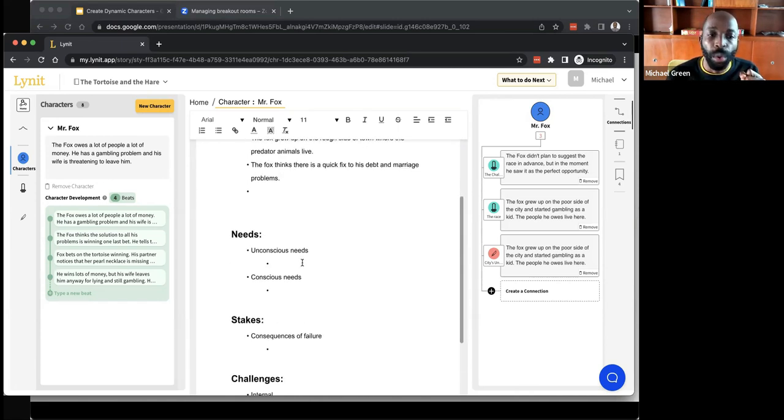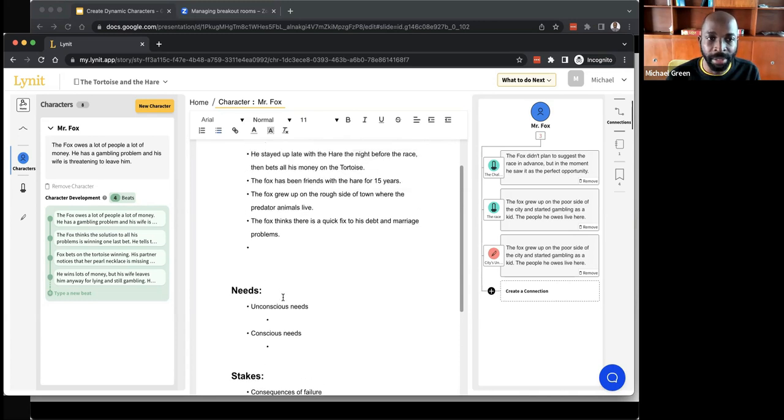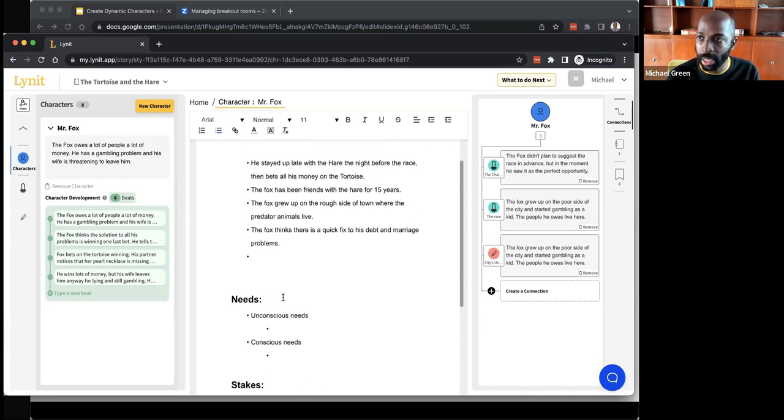When we look at the fox's unconscious needs, it's what below the surface the fox needs. I'll start with the conscious need because that's easier, then we'll go back to the unconscious.